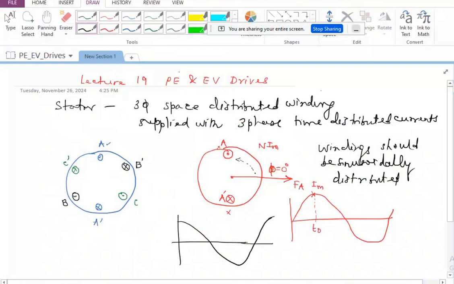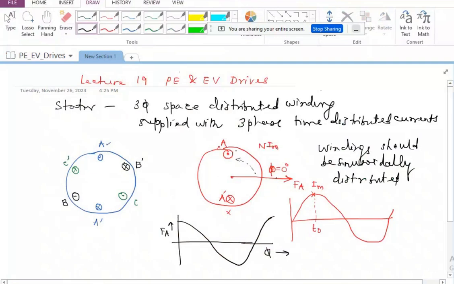So this is the phi angle. So with respect to space, I am drawing what is FA, how the magnitude of FA is. So FA is maximum at phi equal to 0.